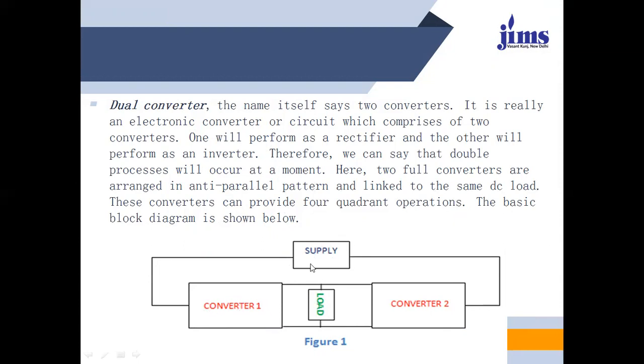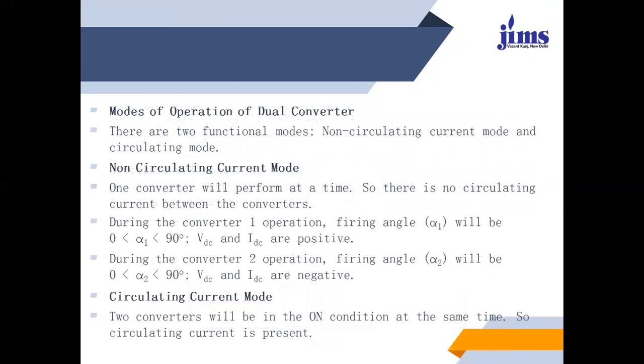Looking from this side, if this is the AC supply, then converter 1 works as a rectifier and delivers a DC supply to the load. Then the second converter converts the DC supply into AC and returns it to the supply source. So this is the arrangement, and due to that it is called a dual converter.